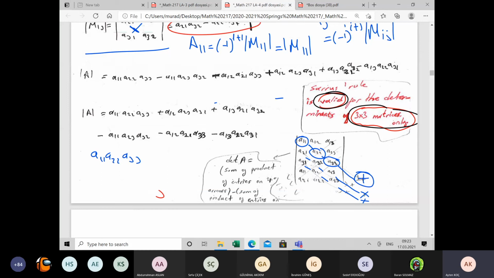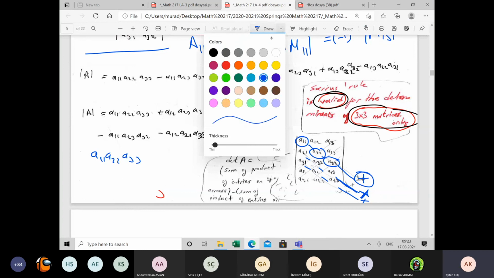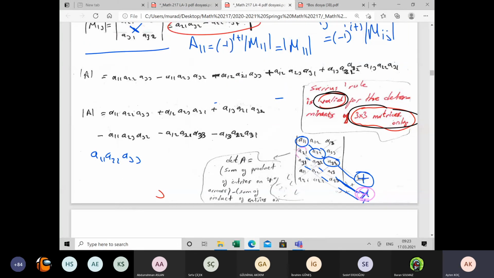Another positive line, the second one, and maybe use a different color, it will be better. The product of all entries on the line is a 2,1 a 3,2 a 1,3.